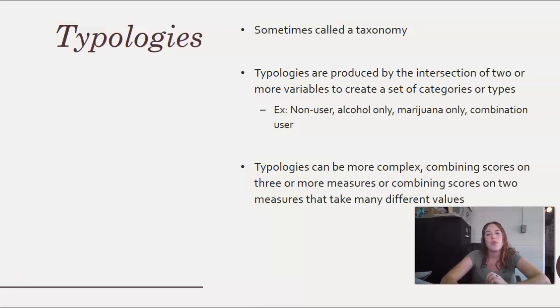A lot of people might have a problem with public drinking, so you might see really high scores on that one in particular, but people are going to vary in how they view groups of loiterers. So putting it together in a typology or an index allows us to get a clearer picture as to what social disorder actually is.